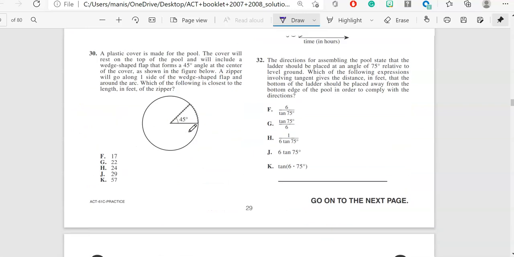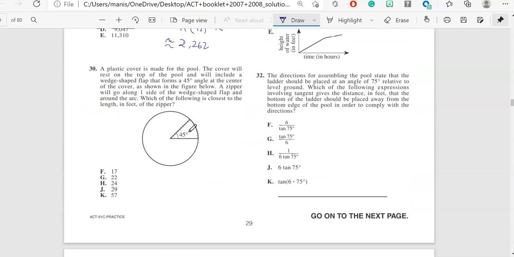The cover will rest on top of the pool and will include a wedge-shaped flap that makes a 45-degree angle at the center of the cover. As shown in the figure below, a zipper will go along one side of the wedge shape, the length of the arc. Which of the following is closest to the length, in feet, of the zipper?